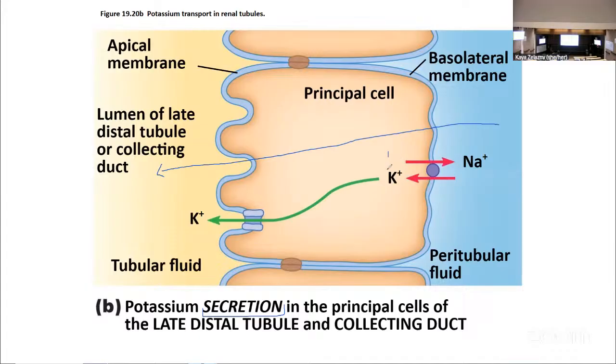And this is going to be dependent on our sodium potassium pump, which is creating a high potassium gradient inside our principal cell, which means we've now got a high to low potassium gradient so that through facilitated diffusion, this passive transport, we can move potassium into that tubular fluid on the way to the bladder.